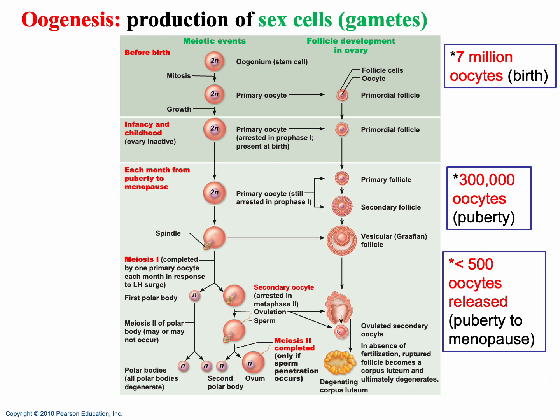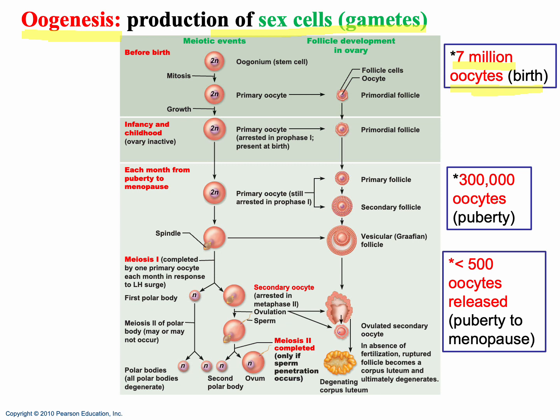Okay, so moving on, now our focus is really focusing in on the physiology of the female. So we look at a process known as oogenesis. Oogenesis, and this is referring to the production of the sex cells, the gametes. So referring to the eggs. Approximately at birth, a female will have 7 million of these eggs.